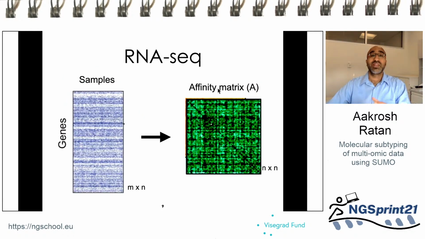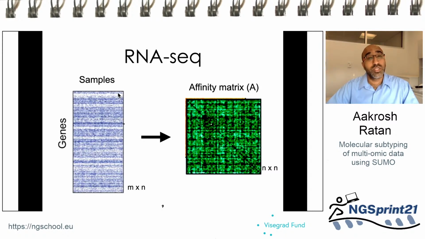All right, so let's take an example that I think a large number of us will be familiar with. Right? So let's take an example of gene expression, which is measured using an RNA-seq assay. What that RNA-seq assay gives you is a matrix. With the rows, you can think of representing genes, and the samples are in columns.